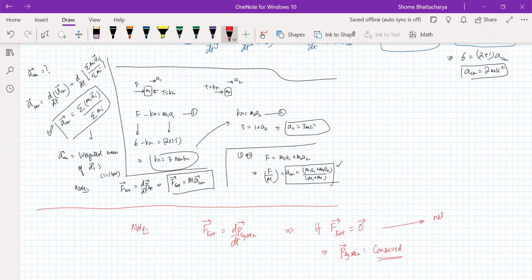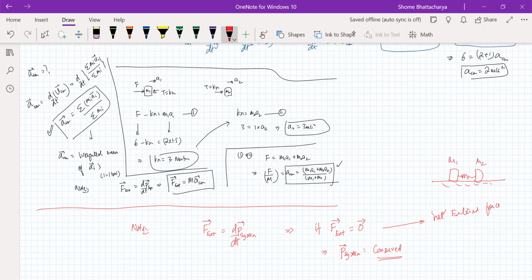So net external force, it doesn't mean that no external forces are active. It just means that the net external force is 0. Like for example, in the above question, if there was no external force acting horizontally, and you had just compressed the spring and released the blocks from rest, if you had a system like this with no horizontal force acting and it's on a smooth surface, then this would be a system where the net external force is 0.